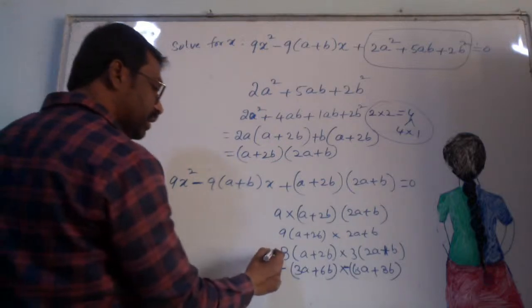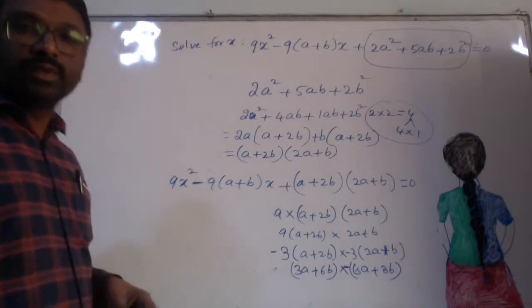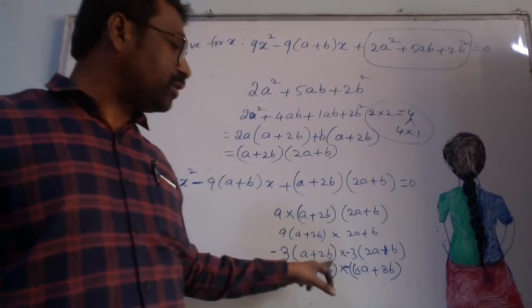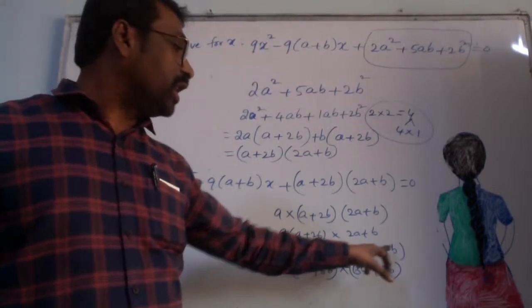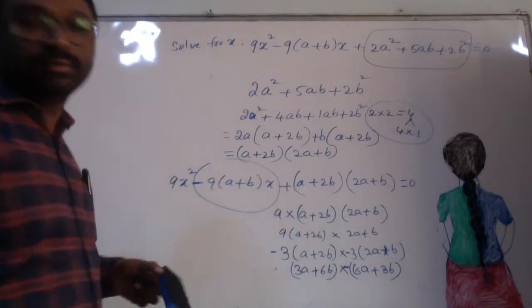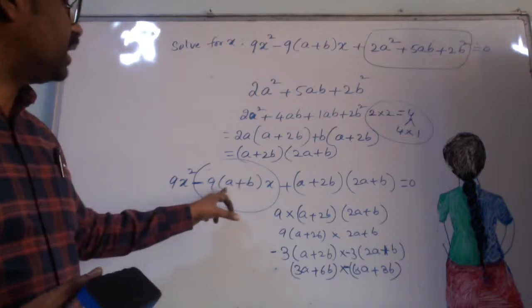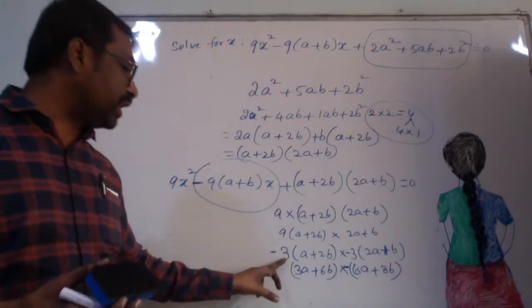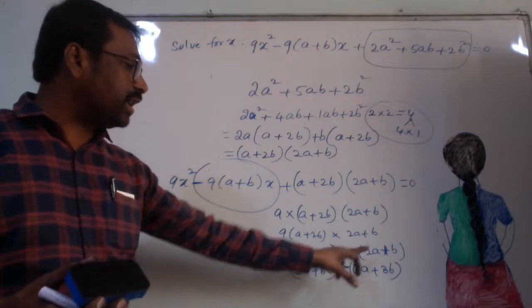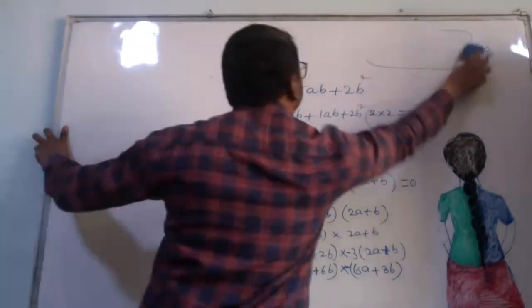So you can take minus here. Therefore minus 3 times (a plus 2b) and minus 3 times (2a plus b) are the factors for the middle term. So when you split the middle term minus 9(a plus b)x as minus 3(a plus 2b)x minus 3(2a plus b)x, we can get the x values.